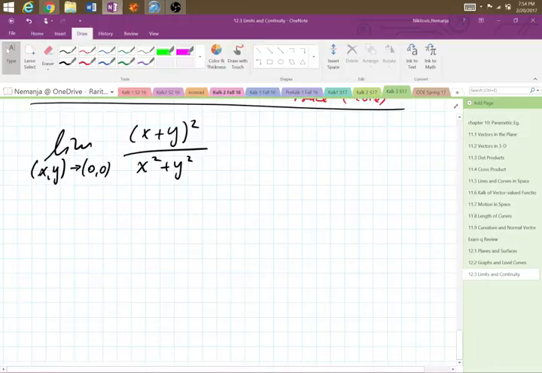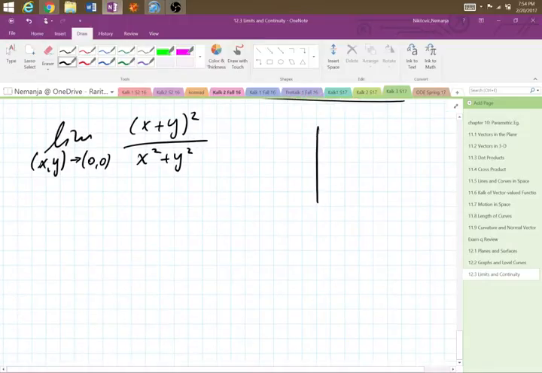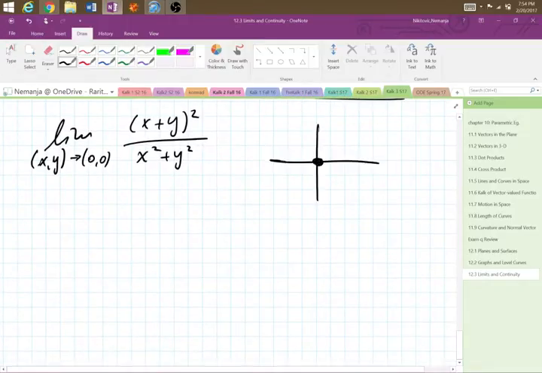So if you look at the domain, this is my target point. Now I can approach that on a line y equals x. Once I put that line, my number of ways to approach went from infinitely many to only 2. I can approach this way and that way, right?